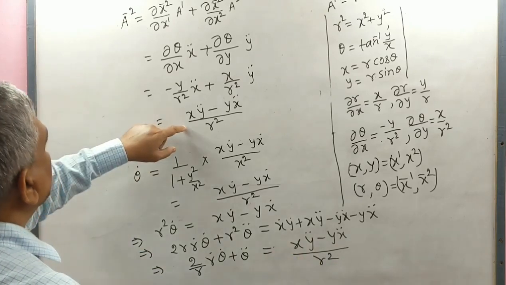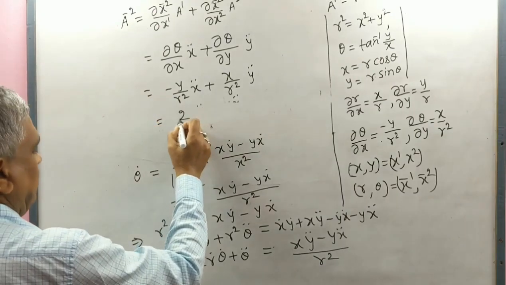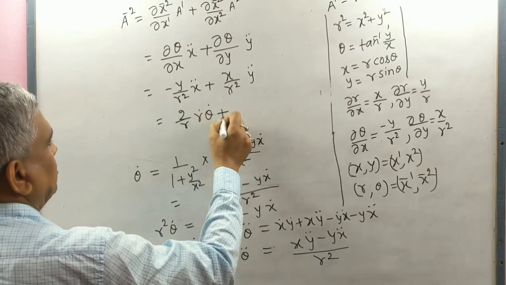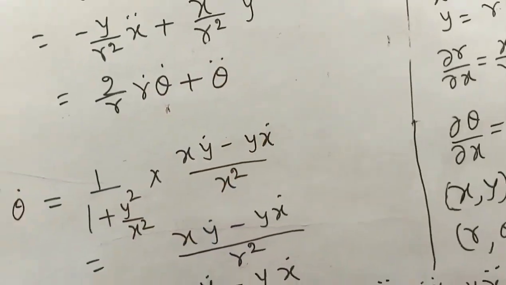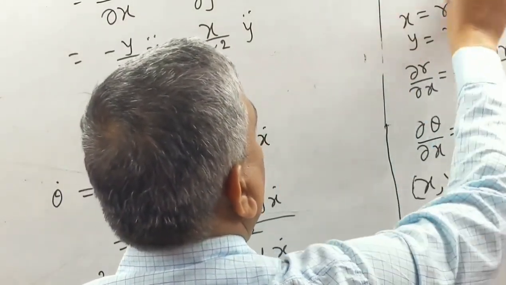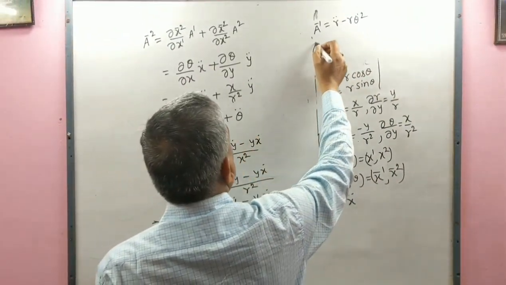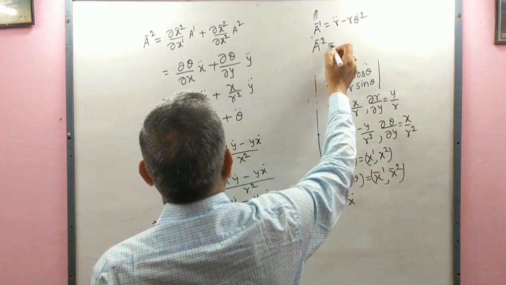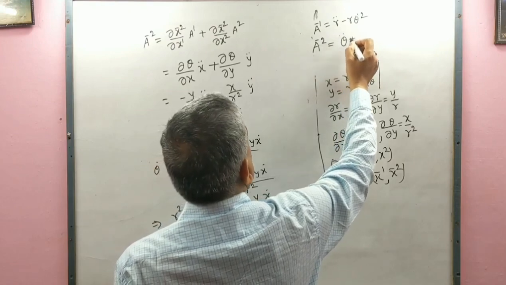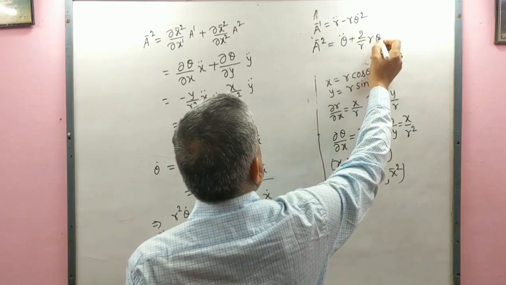putting this value in a bar 2 by r, r dot theta dot plus theta double dot. So we get a bar 1 equal to r double dot minus r theta dot square, and a bar 2 equal to theta double dot plus 2 by r, r dot theta dot.